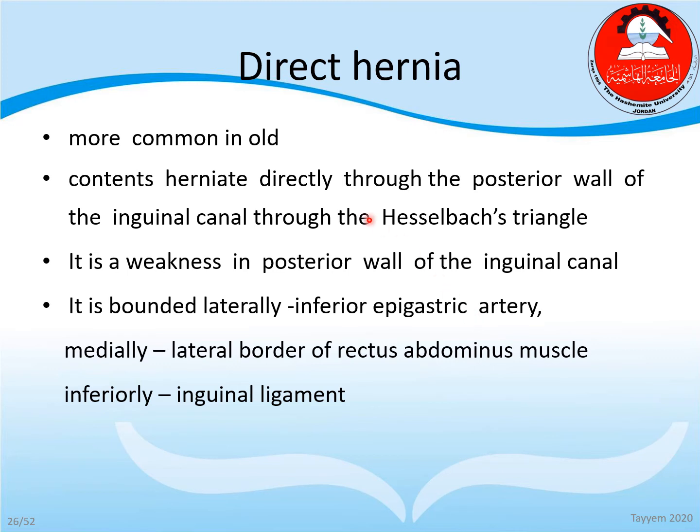Direct hernias are commoner in old people, and the content of the hernia goes directly through the Hesselbach triangle, and the landmark is the inferior epigastric vessel, as the hernia lies medial to the inferior epigastric vessel.